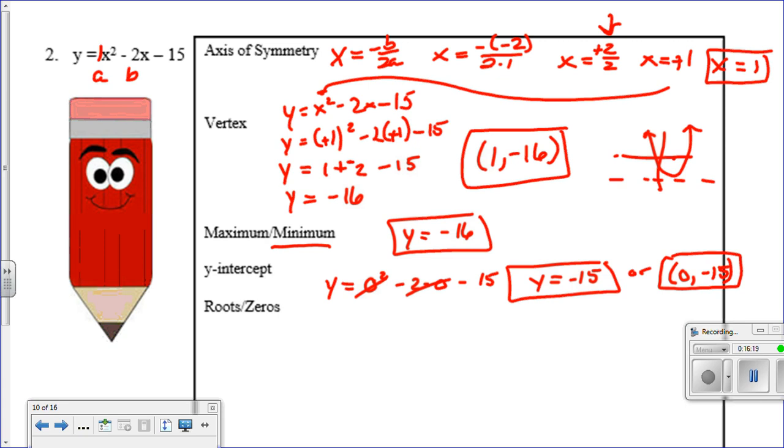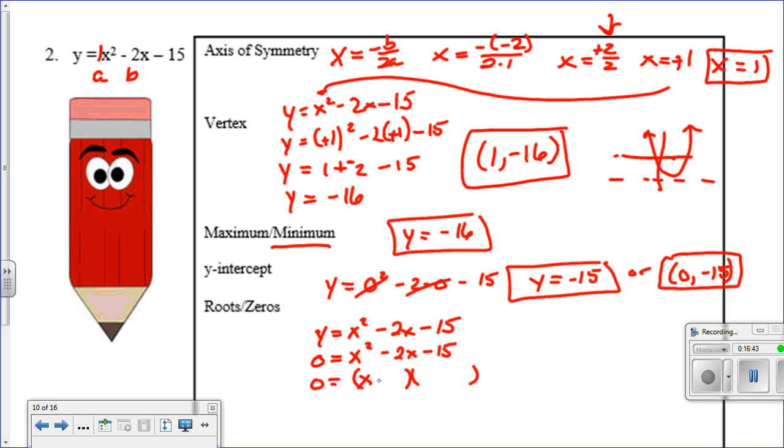And your roots. So again, your roots, what you're going to do is you're going to take this equation right here, and you're going to put 0 in for y. And let's try factoring. So factors of negative 15 that add up to negative 2.